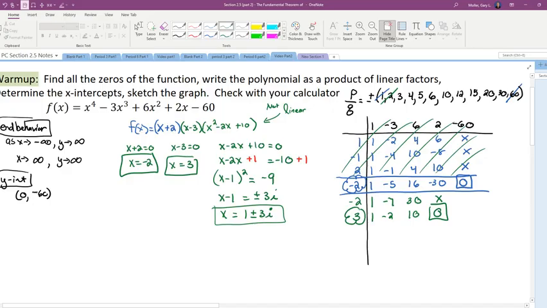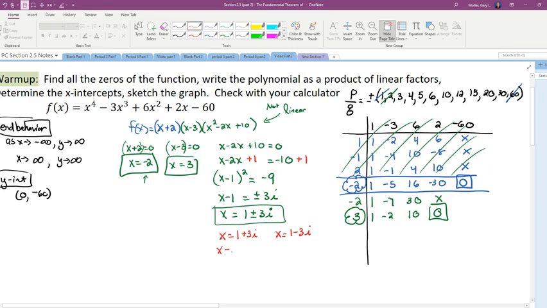Looking at this x plus 2 area right here, if I add the 2 and make it equal 0, I've got my first factor. If I subtract the 3, I've got my second factor. Now, if I take these two and write them separately, x equals 1 plus 3i and x equals 1 minus 3i, just like I did with these, I set them equal to 0.